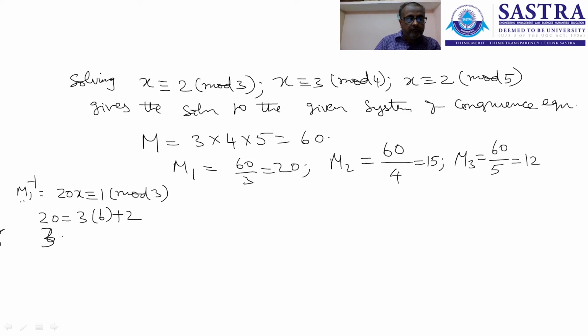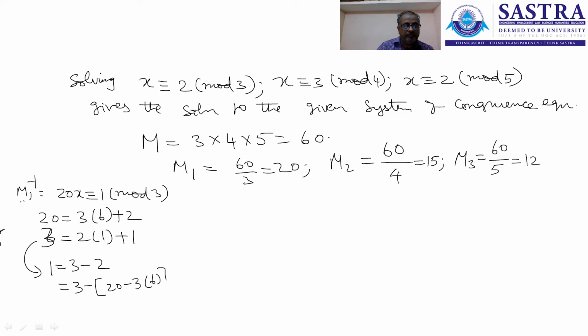Here I can write 1 is equal to 3 minus 2, and this I will rewrite as 20 minus 3 into 6. So I will have 20 into minus 1 plus 3 into 7. So m1 inverse is 2.